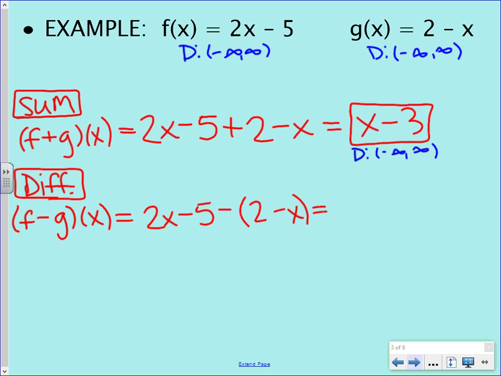This is something that may have been a struggle on number 10C on your quiz the other day. Okay. So instead we have 2x minus negative x. So we have 3x minus 7. Josh, what's that domain? All real numbers.